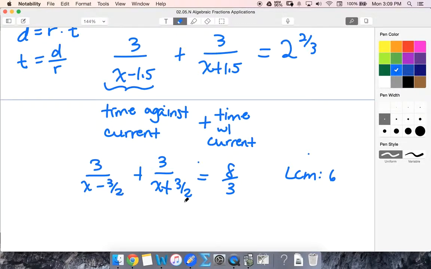I'm really just thinking of the 2 and the 3 over here. So I'm going to multiply top bottom by 6, 18 over 6x minus 9 plus 18 over 6x plus 9 equals 16.